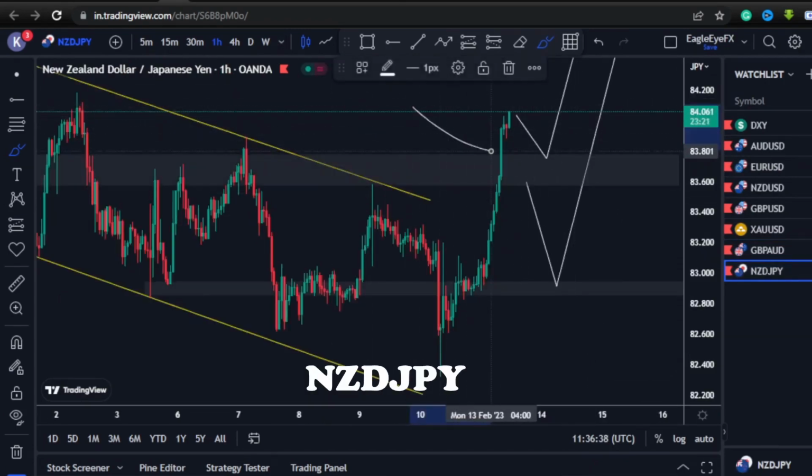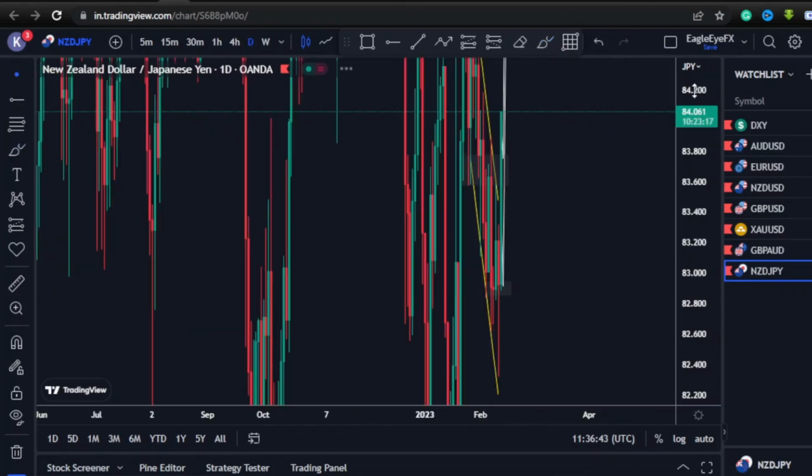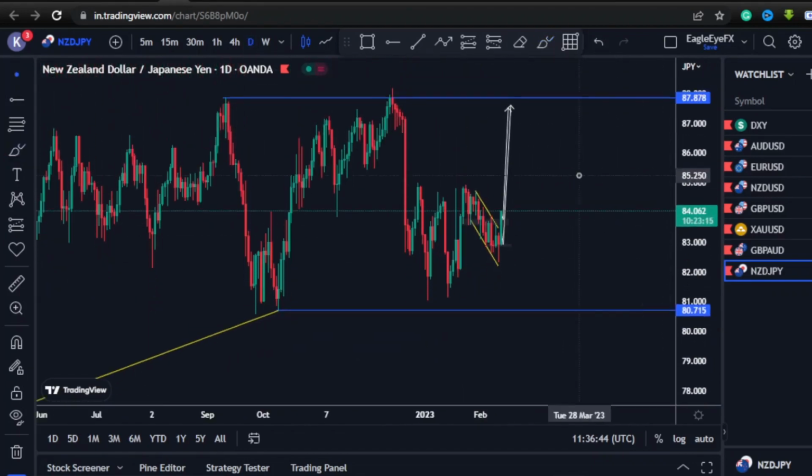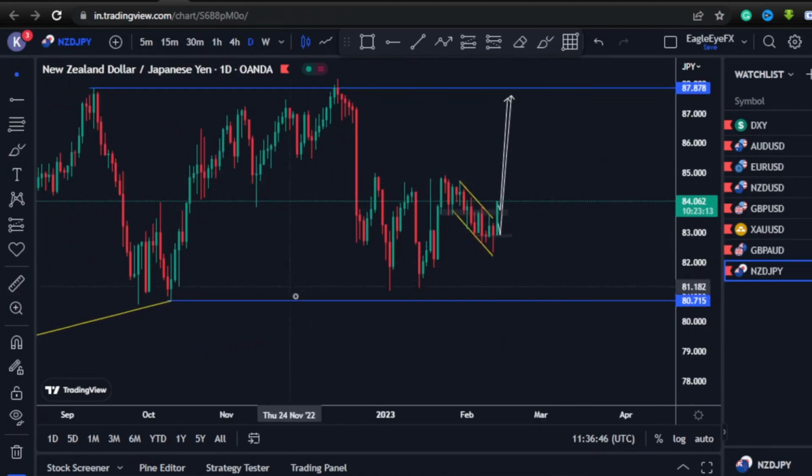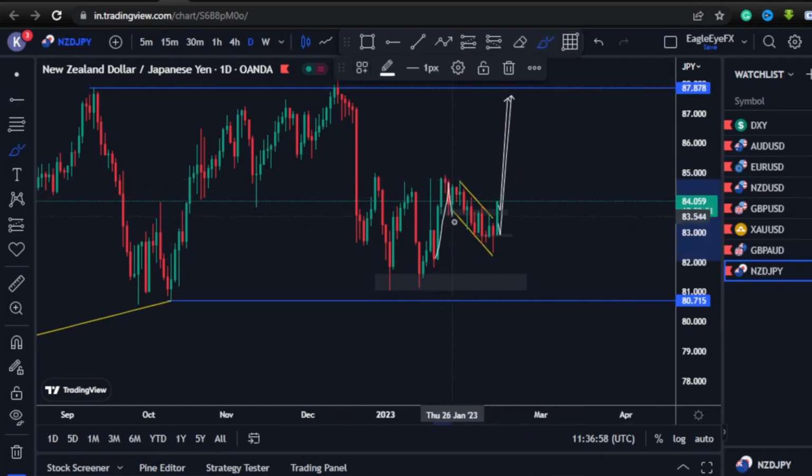For this, from the daily time frame, we are coming from some sort of double bottom here. So after that, we had an impulse move. Then we had this level over here, of which the market has actually broken out.